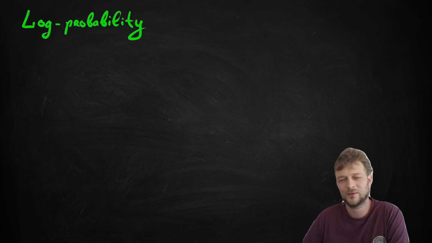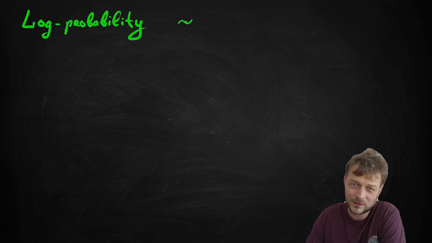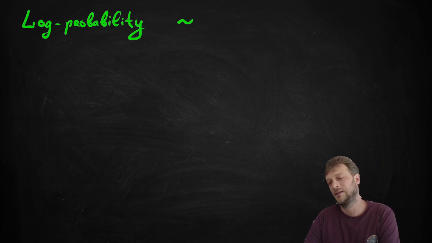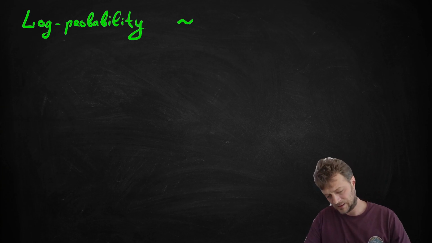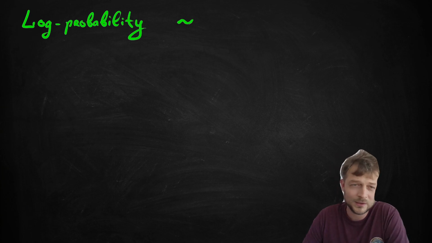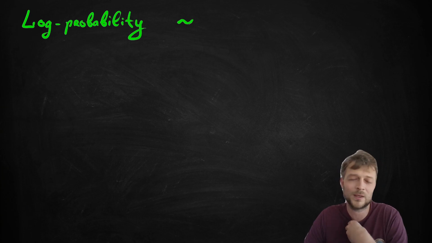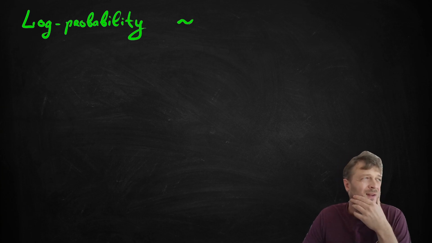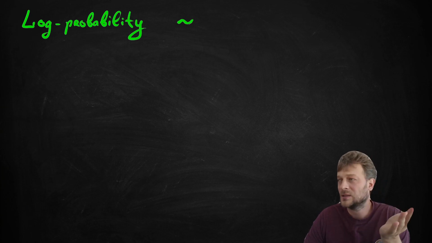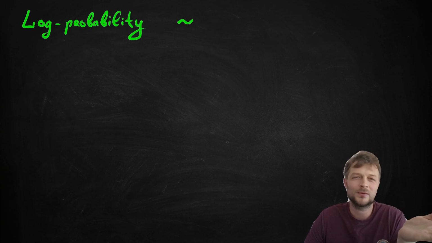Let's move to application. So I will talk about application of this operation, tilde, and the topic will be probability theory. So in probability theory we consider events and we consider probabilities of these events, and we consider combinations of events and the probability of those combinations.